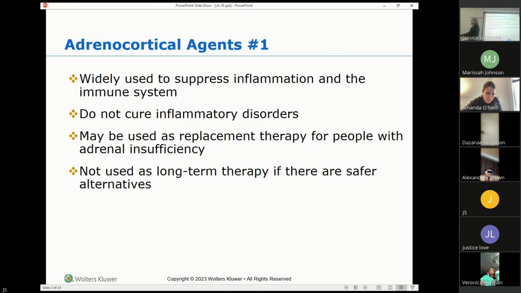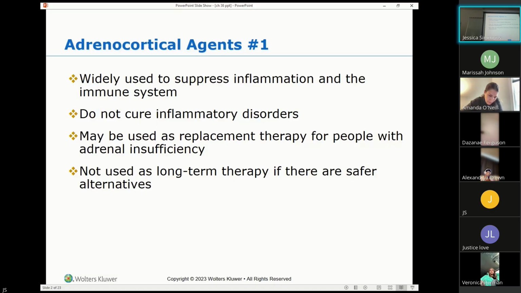All right, so adrenocortical agents are widely used to suppress inflammation and the immune system. They do not cure inflammatory diseases. Steroids do not cure really anything. They just suppress things. They may be used as replacement therapy for people with adrenal insufficiency, and not used as long-term therapy if there are safer alternatives, because it's not safe to take corticosteroids for an extended period of time.